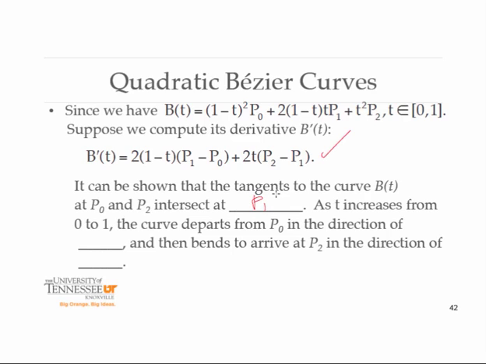So again, what this means is that as t increases from 0 to 1, the curve starts off with a linear Bezier curve from P0 in the direction of P1, and then bends to arrive at P2 in the direction of P1.